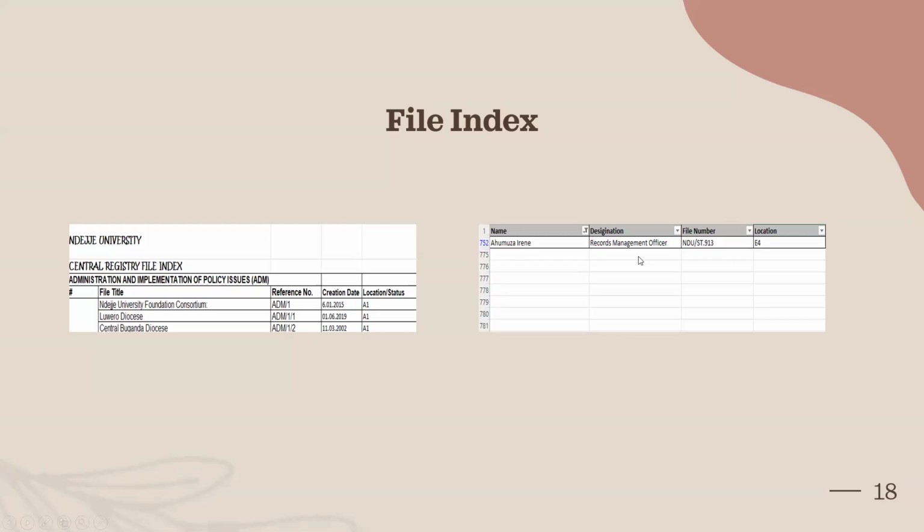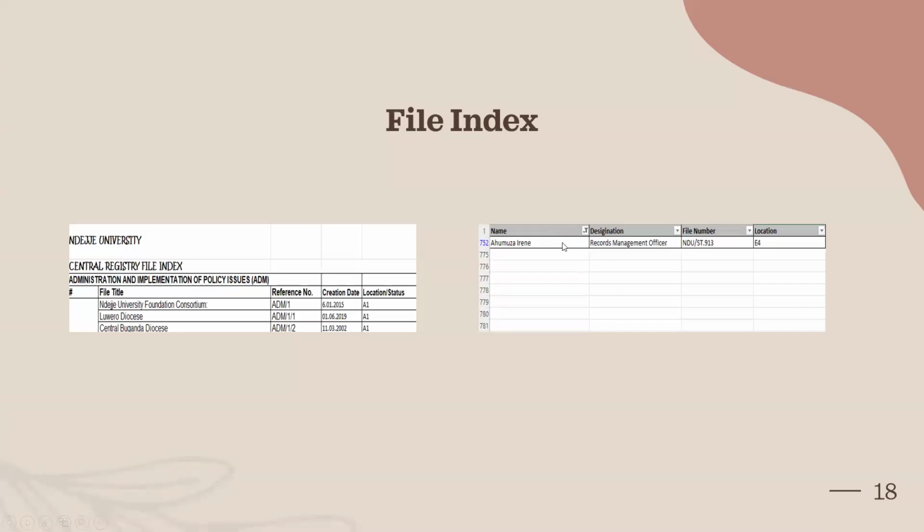Then there's also another type of file index. This is for personnel files, files about someone. So if I wanted to get information about Irene as an employee of NDU University, someone walks into my office and says, I need information about Irene. I need to go to my file index and type in Ahumuza Irene or Irene.